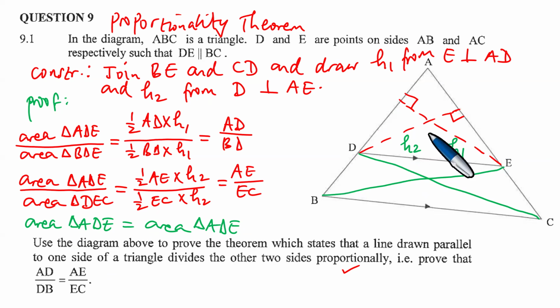Why is this the case? Because we can be rest assured that this is a common area. It is common. We are establishing the fact that the area of triangle ADE in the numerator is equal to the area of triangle ADE in the numerator here as well.